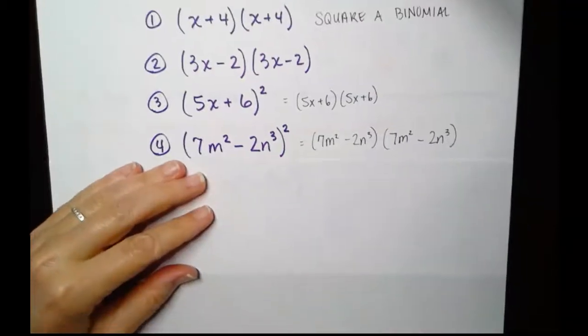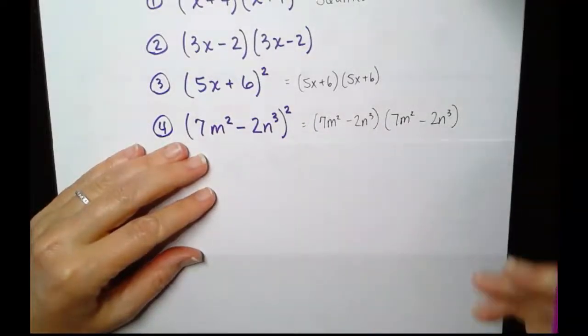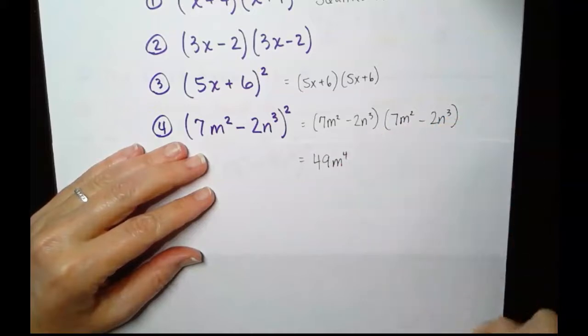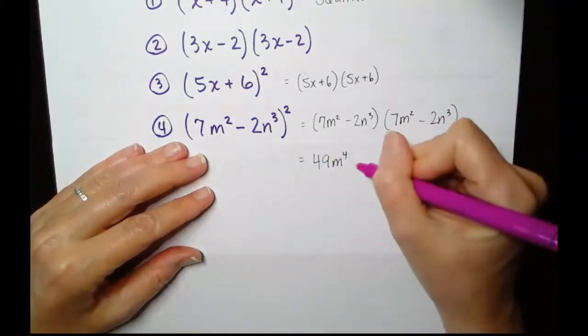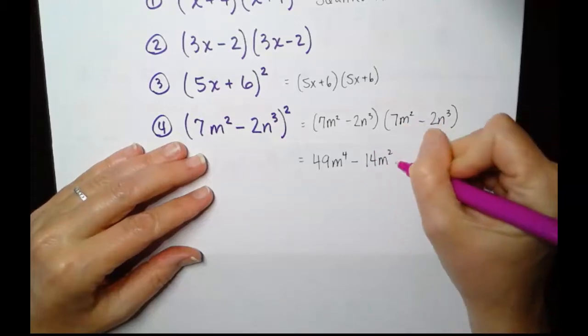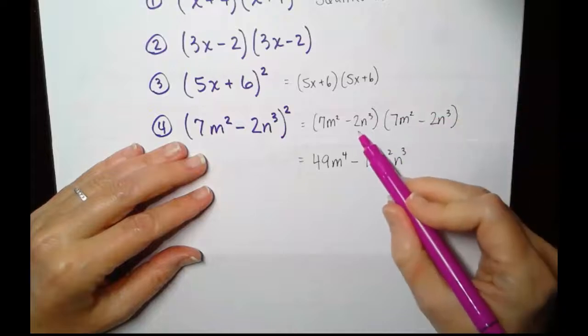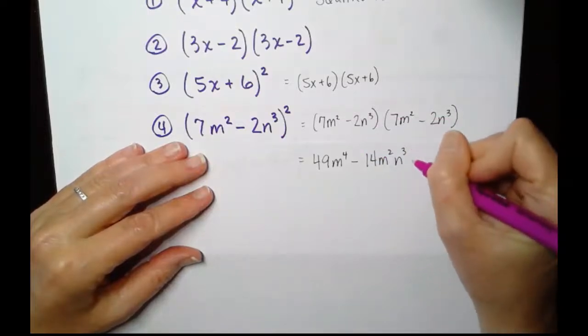Use the FOIL method in order to simplify. 7m squared times 7m squared is 49m to the fourth. 7m squared times negative 2n cubed is negative 14m squared n cubed.